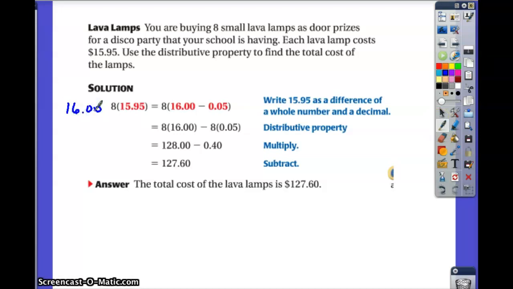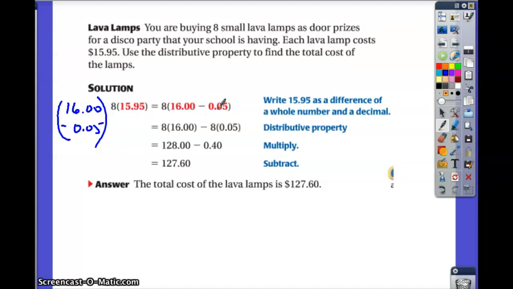So we know that 15.95, if you round it up to the nearest whole number, would be 16.00. But we know we'd have to subtract 0.05 to get 15.95. We can use these two numbers in the distributive property, and it'll be a little bit easier to multiply. So 8 times (16 minus 0.05), which again, if you subtract that, you get your 15.95.